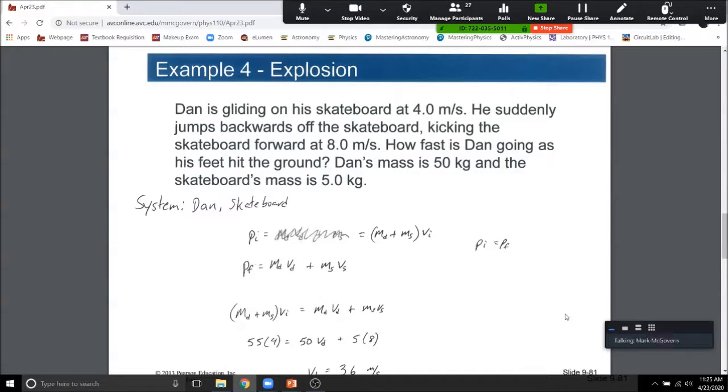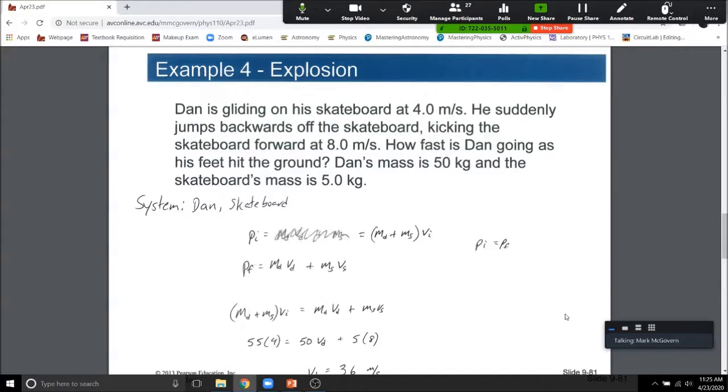But all right. Dan is gliding on a skateboard at 4 meters per second. So this is an explosion problem, but this is what I said earlier: not all explosion problems necessarily start with a system momentum of 0. If the objects are at rest, completely fine. But if there is motion, you can obviously have something explode that moves, which Dan is apparently doing, exploding off of his skateboard here.